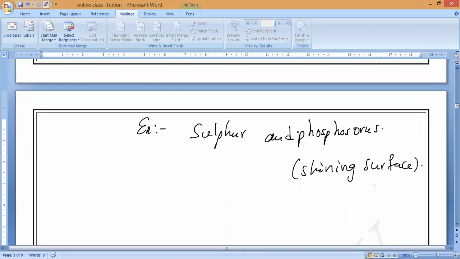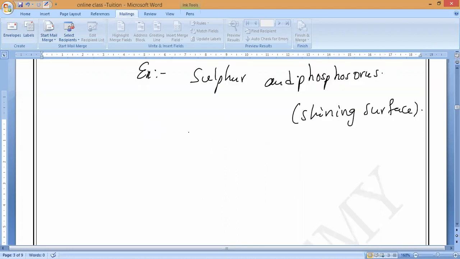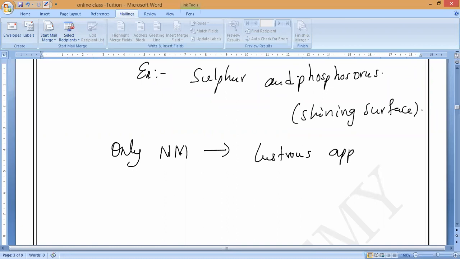Anyhow they are dull in appearance, but one exception is there. What is the only non-metal having lustrous appearance? Kevin said diamond also, but diamond only reflects the light; it is not lustrous in nature. The only solid non-metal having lustrous appearance is iodine.